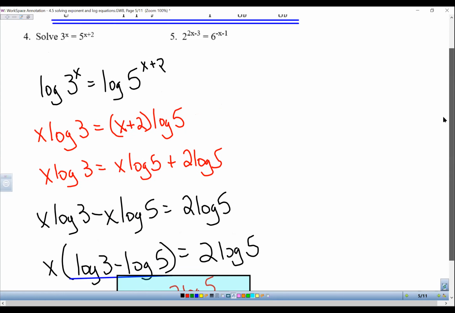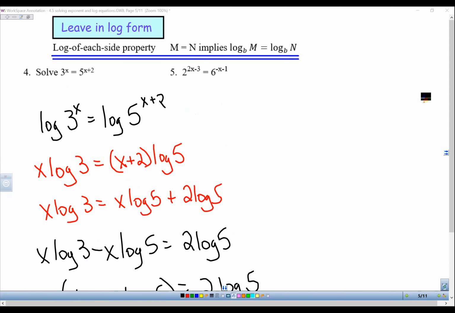All right, let's take a look at the second one. So the second one, same type of thing. We're going to start by taking the log of both sides. So we've got the log of 2 to the power of 2x minus 3 equals the log of 6 to the power of negative x minus 1. So we're going to do the same thing again.